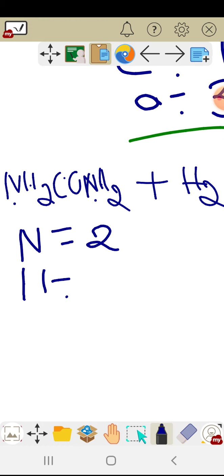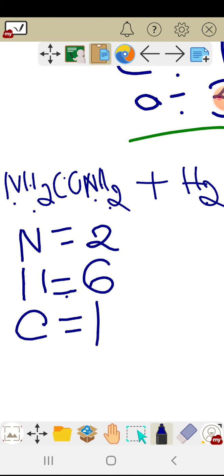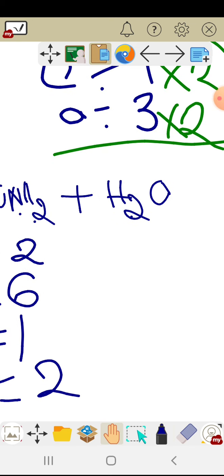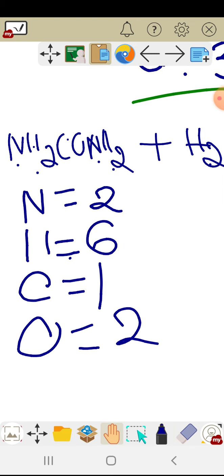NH2, so 2 plus 2, 4 plus 2, 6. 2 here, 2 here and 2 here, 6. Fine enough? Carbon is how much? 1 carbon. O is how much? Sorry, O is 2. Another O is here, 1 plus 1, 2.